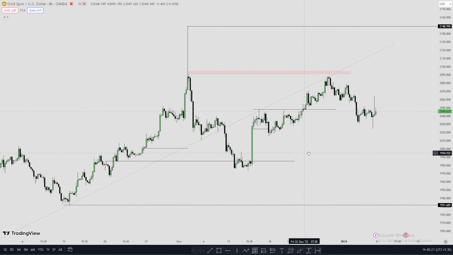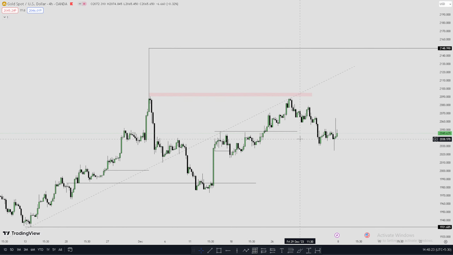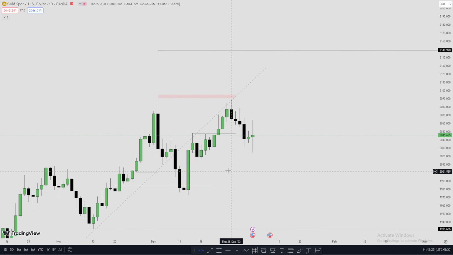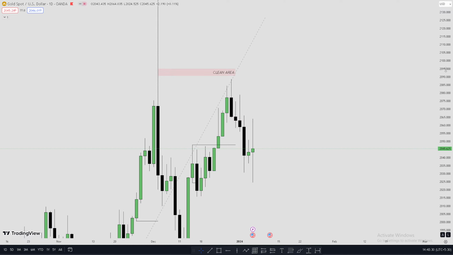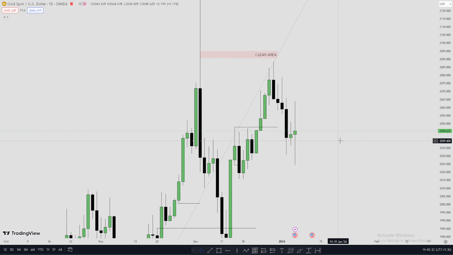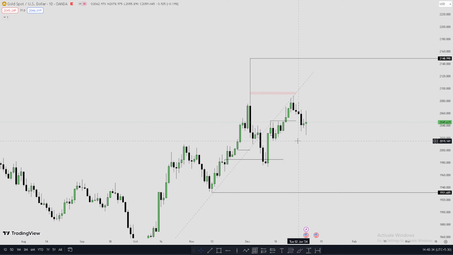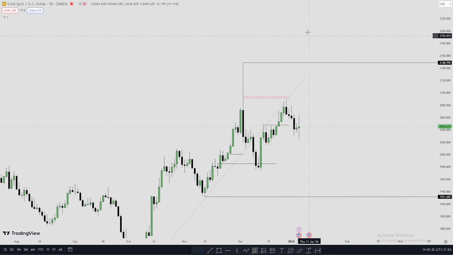On 4 hour as well, we can see this pullback and then break above. So we saw this fair value gap lined up. It grabbed the external liquidity pool, but this is an internal market structure.